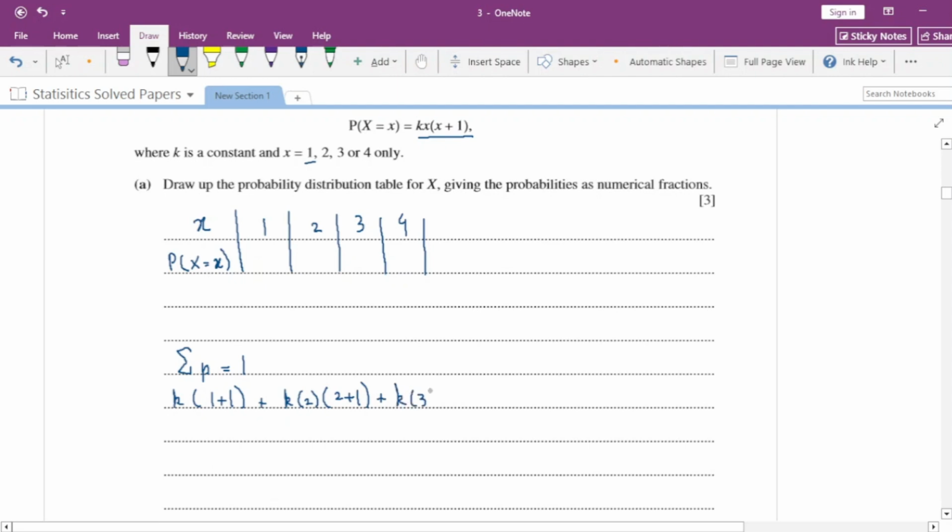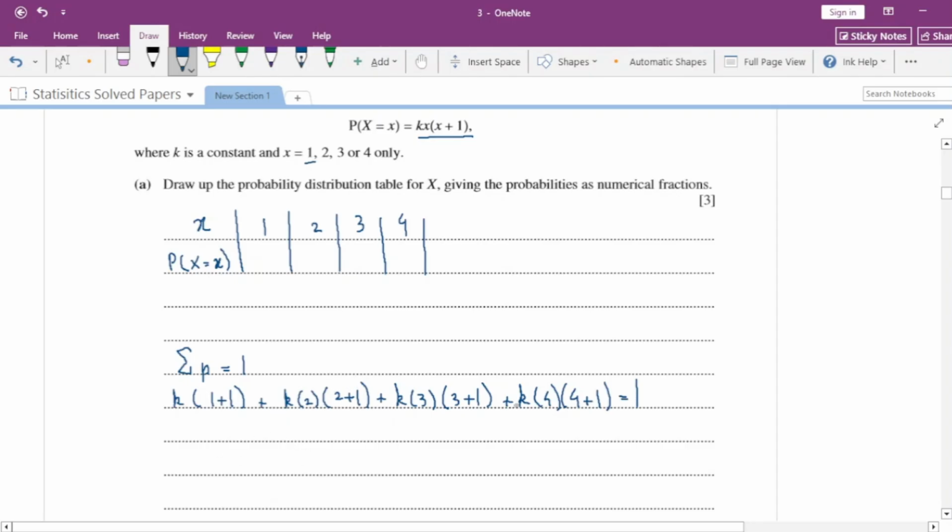So k times 3, times 3 plus 1. And then lastly we will have 4. So k times 4, times 4 plus 1. All of this sums to 1, because these are all the possible probabilities, so all of them should add up to 1.